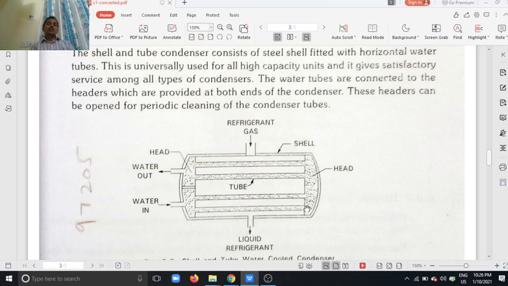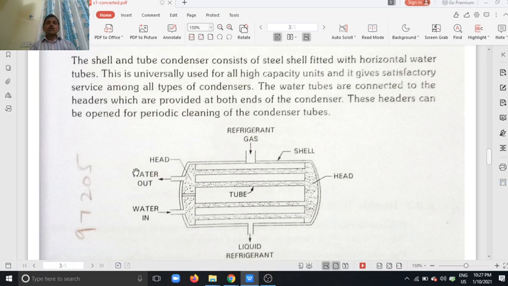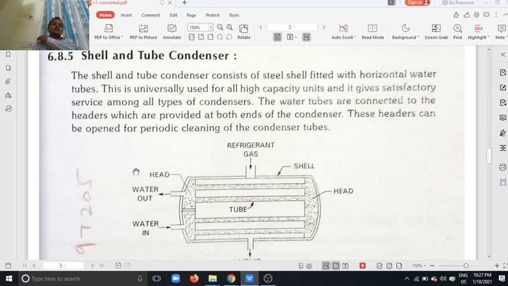The low density water is at the bottom, and high density water moves to the top side. After it absorbs the heat from the refrigerant, it becomes low density water, which goes to the water out. So that is the shell and tube condenser.